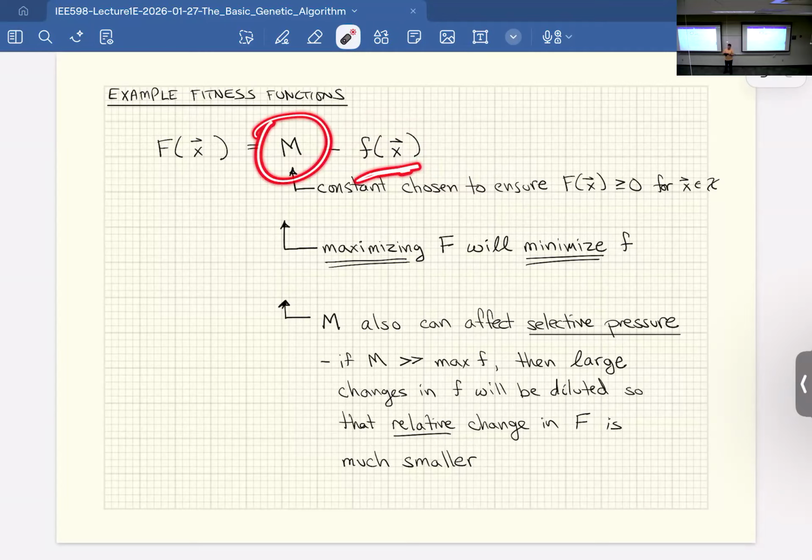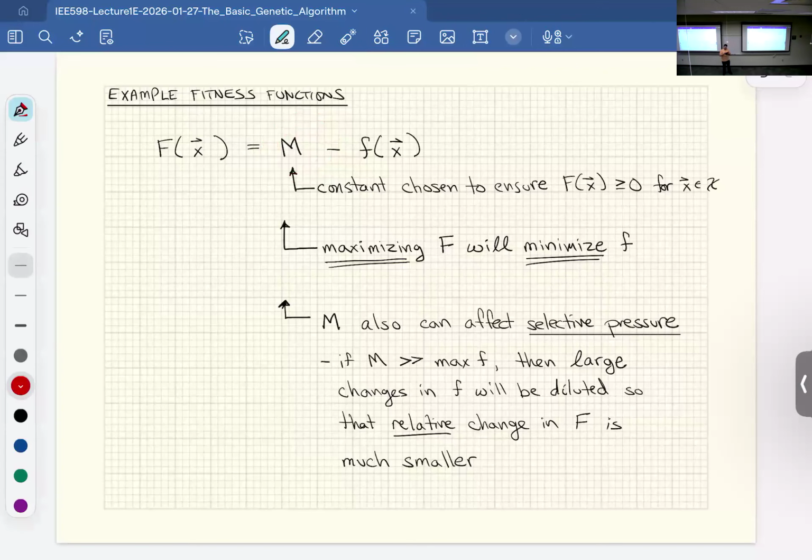But why 10? Why don't I set this equal to 100 or 1,000? So as an example, if f is less than or equal to 10, then M could be 10, or it could be 100, could be 1,000, and so on.